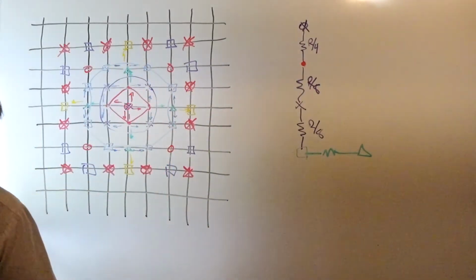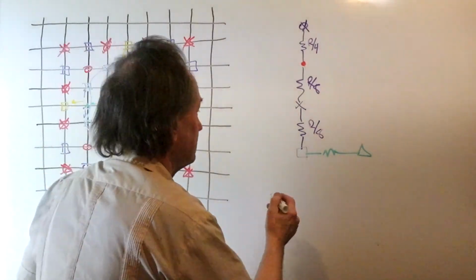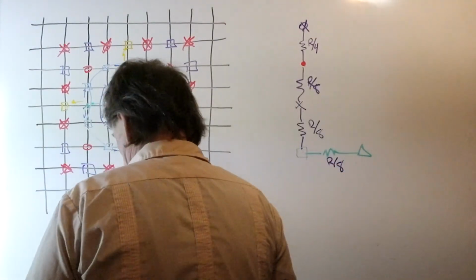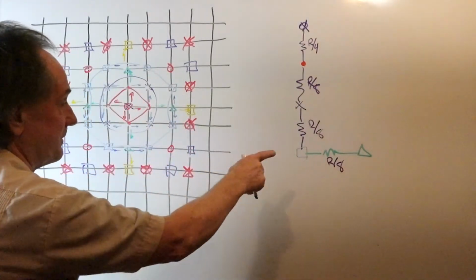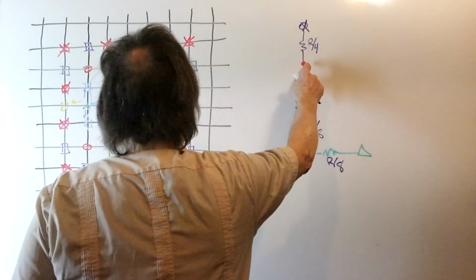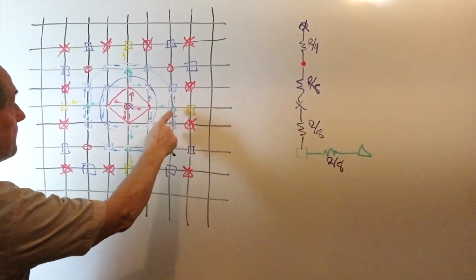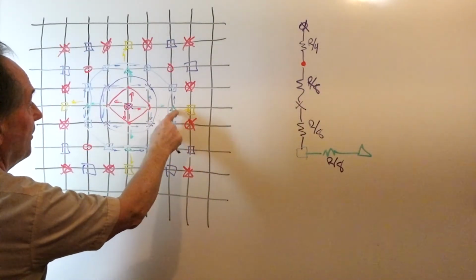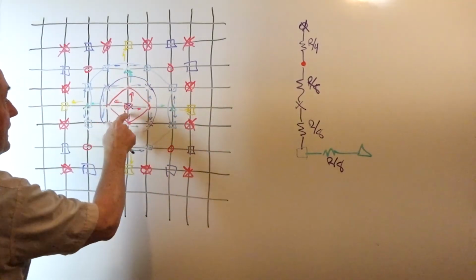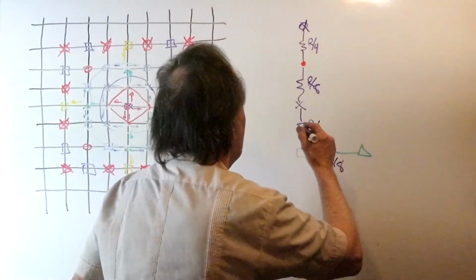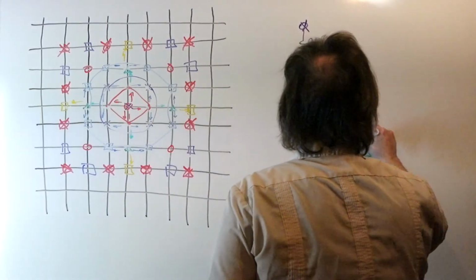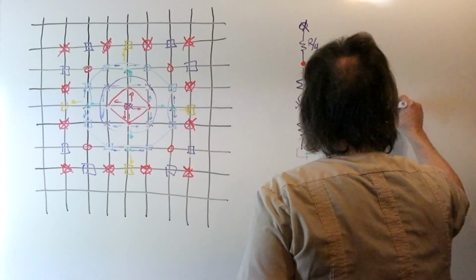Again, we have 8 resistors in parallel. So we can call this equivalent resistance R over 8. Now there's a path between the triangle and the red dot right here. So how many of these do we have? We have 1, 2, 3, 4 resistors in parallel. So we can write this as R over 4.